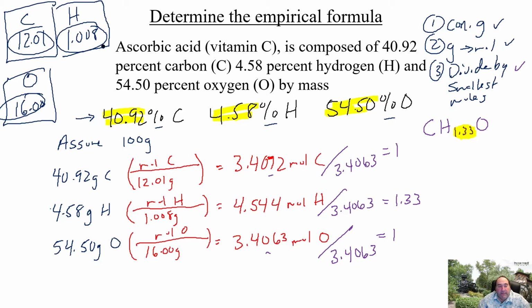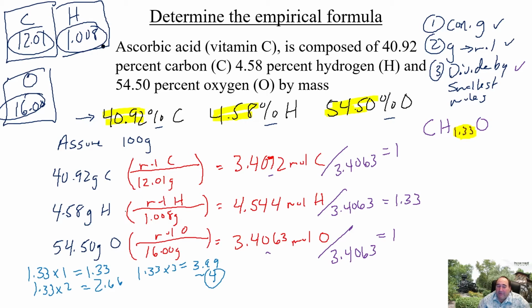If we simply look at 1.33 times 1, 1.33, 1.33 times 2, 2.66, 1.33 times 3, 3.99. That's pretty close to 4.